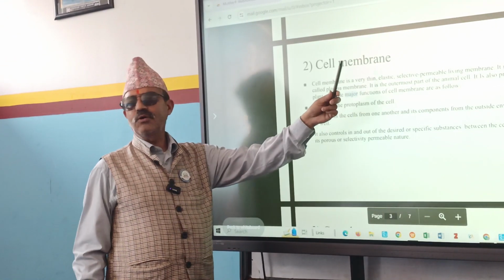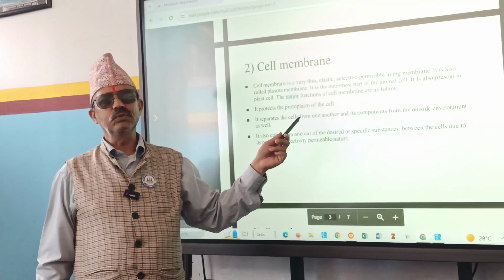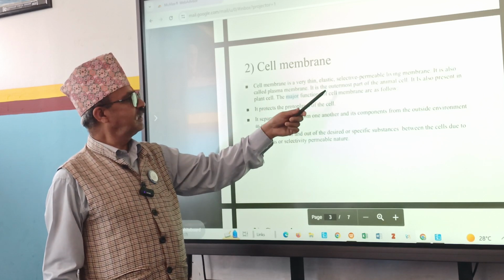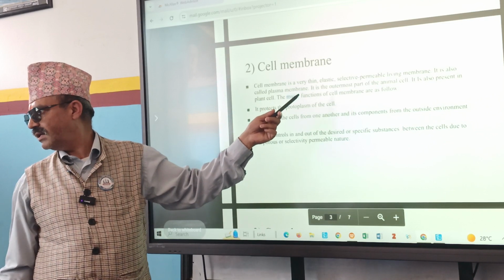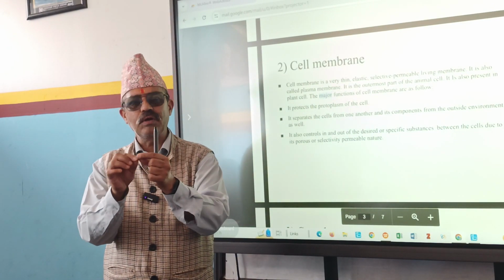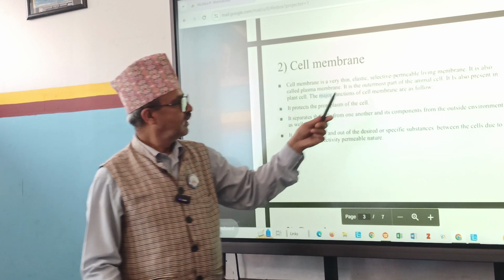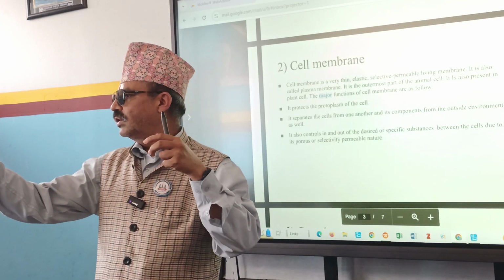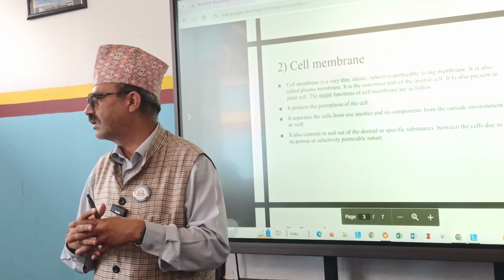Cell membrane. It is the outermost layer of animal cell, but it lies inner to cell wall in plant cell. Right? It is thin. Cell wall is thick, cell membrane is thin. Elastic, it can expand and contract. Elastic means can be long and short. Selectively permeable means something can go inside and something can come outside, not everything.